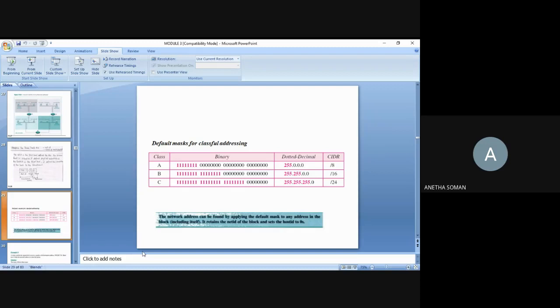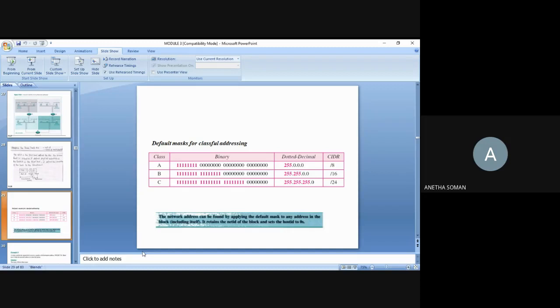Now class C has 24 ones and 8 zeros. The ones retain the network ID and the zeros set the host ID. Wherever ones are there, that value will be retained, and wherever zeros are there, that value is marked as 0. I will show an example, and then you will understand better.